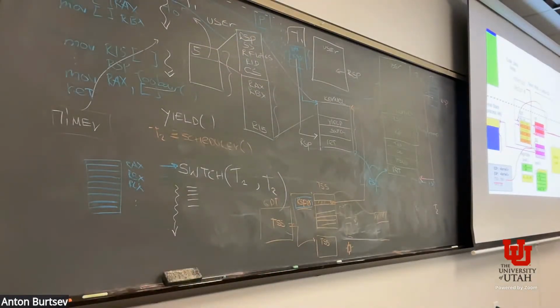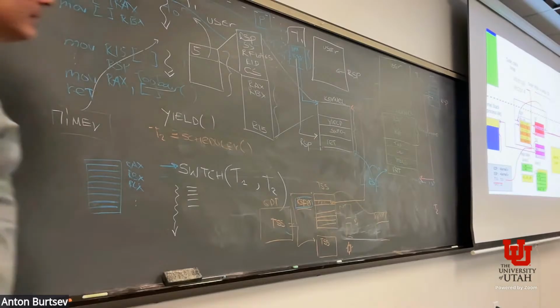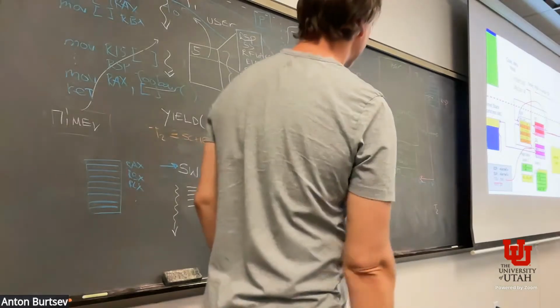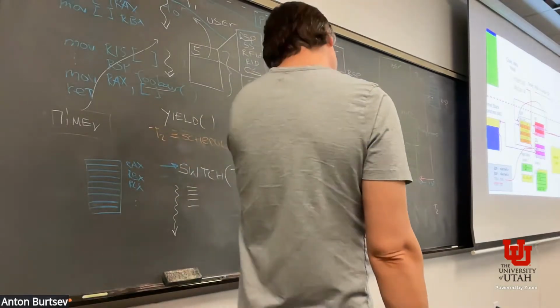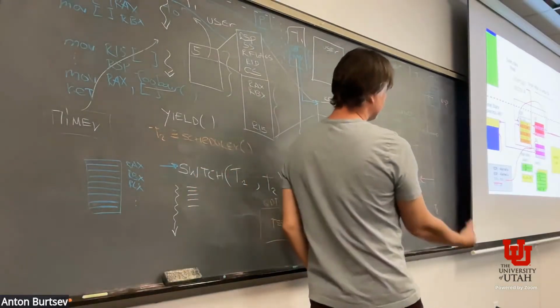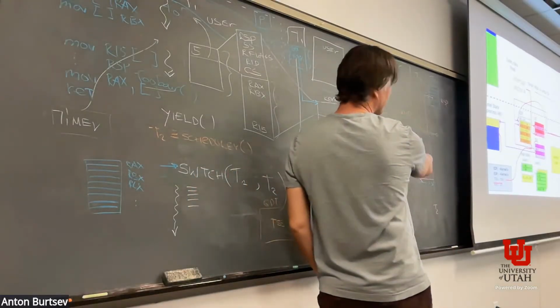If you're confused about the kernel story, think of it as, I keep using the word continuation, but I don't know if it makes it any better, but effectively the stack encodes the future of this computation, right?